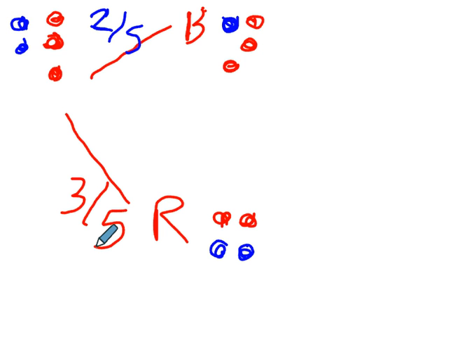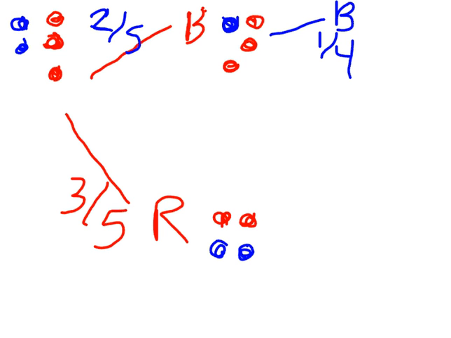Now, what's the probability then of drawing a second blue out of that? So let's say we have a blue again. If this is my picture, I have 1 blue and 3 red. The probability of getting that blue is now 1 out of 4, which is different than my original probability of a blue.